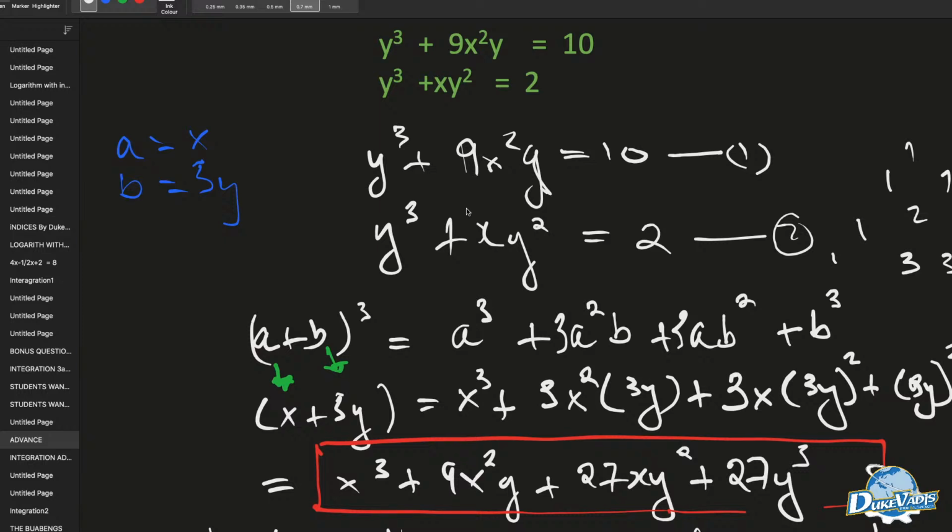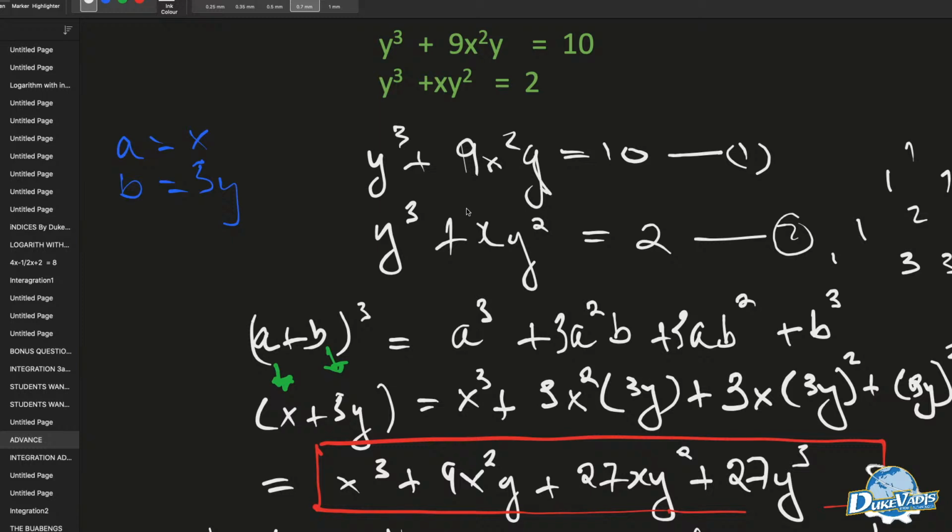I've also seen some square of y. So when I look at it, I say this could be a binomial expansion. If I have A and B, then A plus B all raised to the power 3, using binomial expansion, I'm going to get A cubed plus 3A squared B plus 3AB squared plus B cubed.